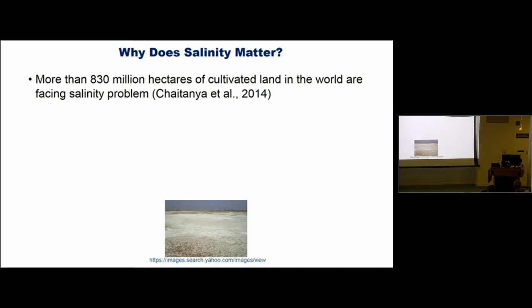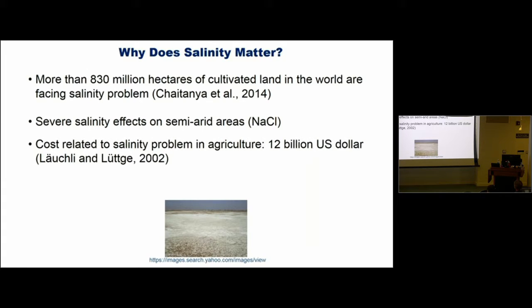In addition, salinity is a big concern in agriculture. And as we know, salinity effects are severe on semi-arid areas, as found in Africa. And the cost related to salinity is estimated at $12 billion US. That was in 2002, and I'm sure that cost is increasing.